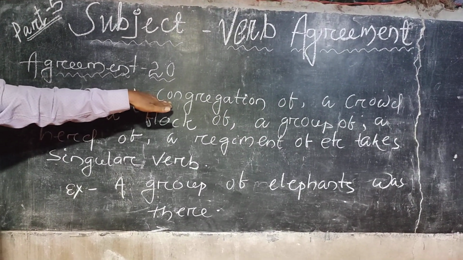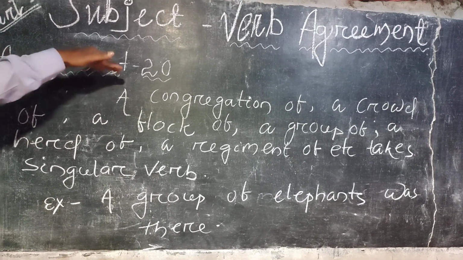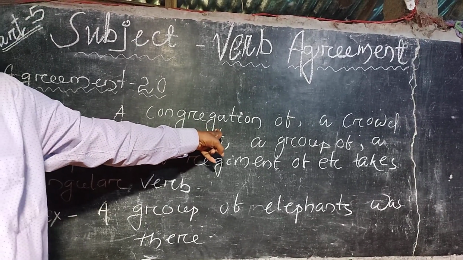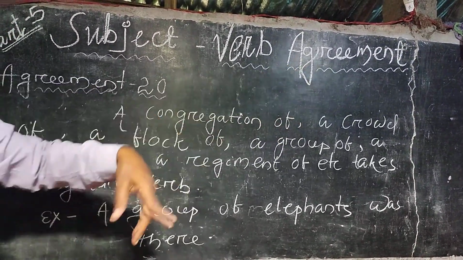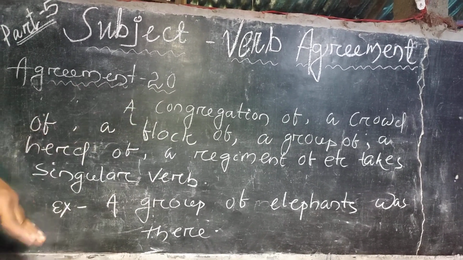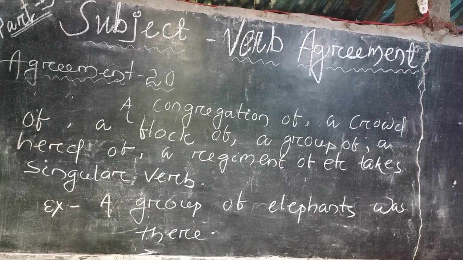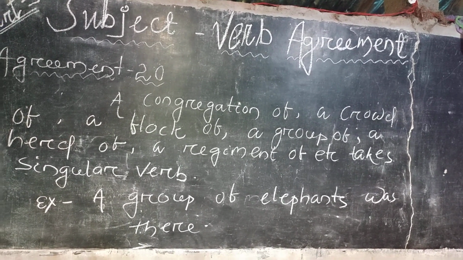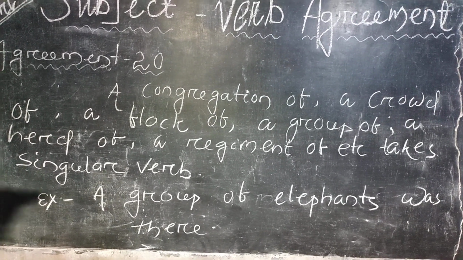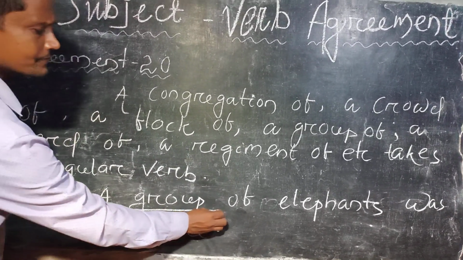Agreement number 20. If a sentence begins with a phrase "a congregation of," "a crowd of," "a flock of," "a group of," "a horde of," or "a regiment of," we have to supply a singular verb to it. Example: a group of elephants.